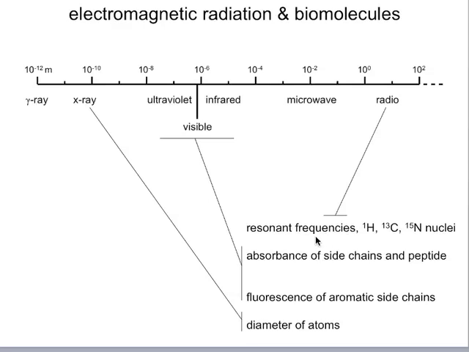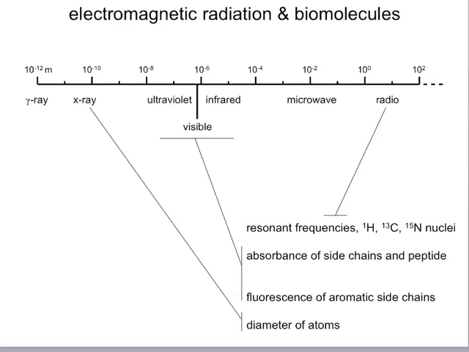We use visible and wavelengths nearby the visible for looking at fluorescence of, for example, aromatic side chains, as well as the absorbance of side chains and peptide bonds. Peptide bonds also have a visible or ultraviolet absorbance.